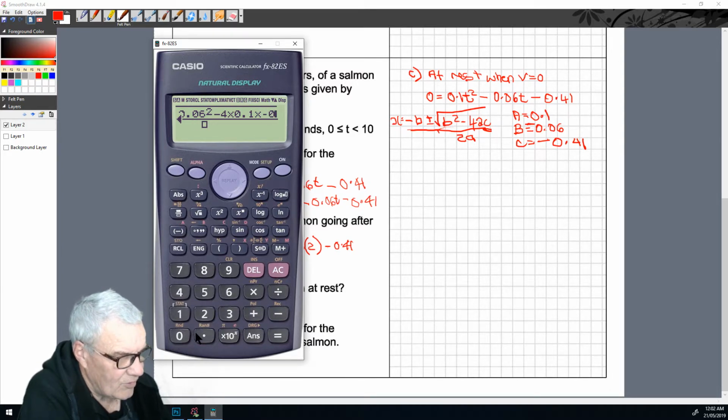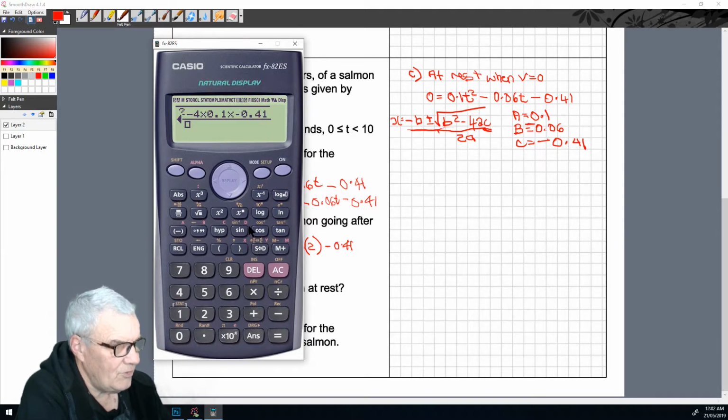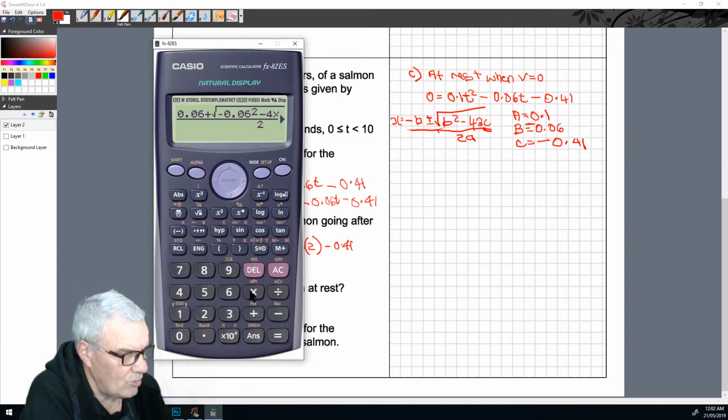Okay, that'll do. Hang on, I'll just go minus 0.6 all squared minus 4 times 0.1 times minus 0.41, all over 2a, 2 times 0.1.